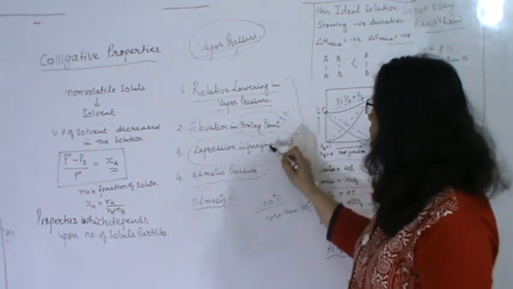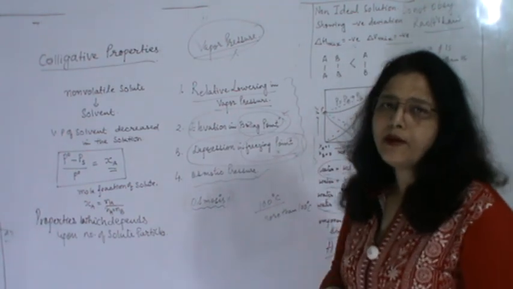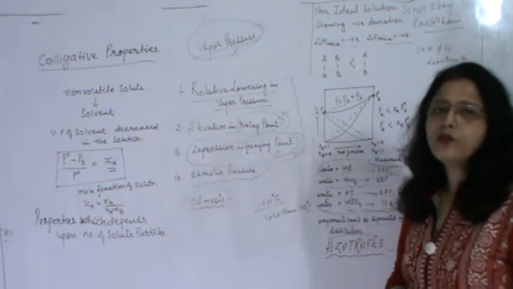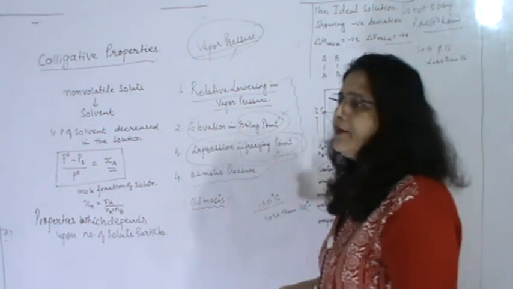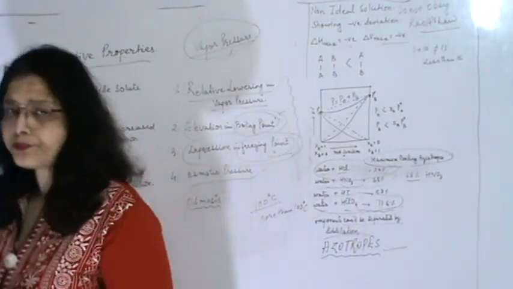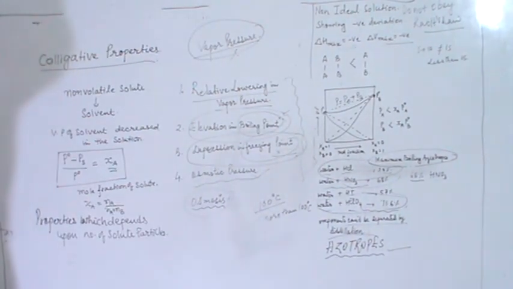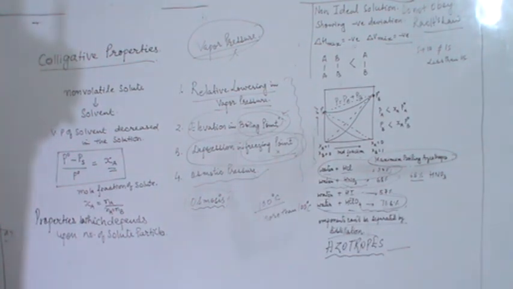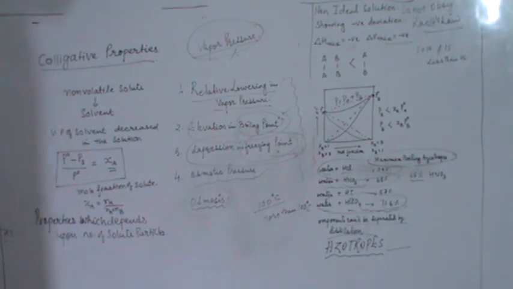Means all these four properties, they depend upon how many number of solute particles have been added to the solution. We have four colligative properties which depend upon number of solute particles, and these are relative lowering in vapor pressure, elevation in boiling point, depression in freezing point, and osmotic pressure.